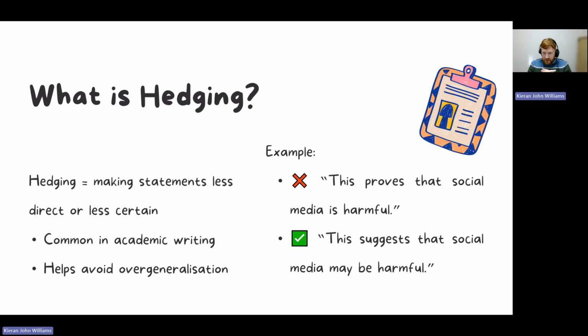Like you can see here on the screen, the second sentence is more cautious and more academically appropriate because it allows for that kind of uncertainty. Maybe future research will show that it's not true. So it is best to leave it cautious and leave it safe by not saying something is 100%, but less than that.